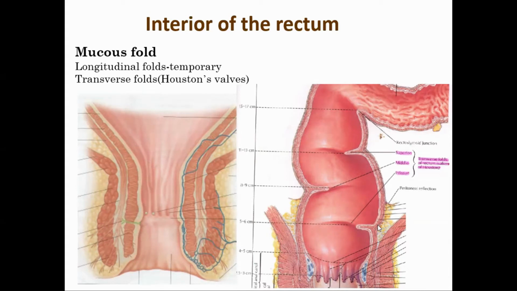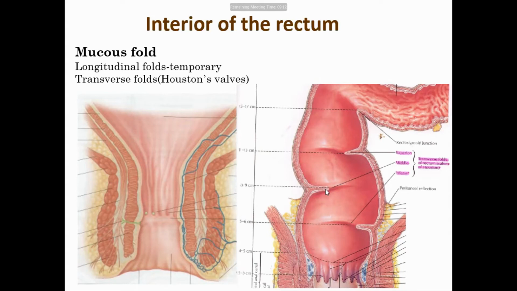The middle Houston valve lies about 7.5 centimeter above the external anal orifice. 2.5 centimeter above the middle valve is the superior valve, and 2.5 centimeter distal to the middle valve is the inferior valve.